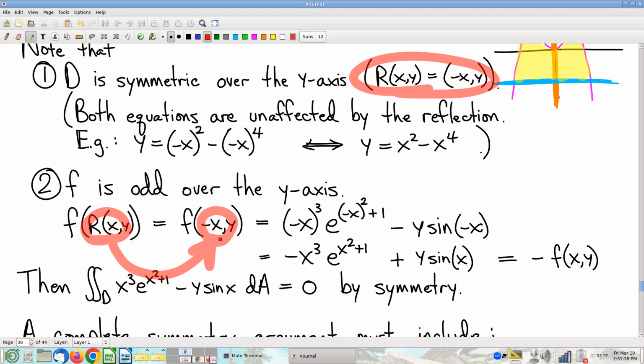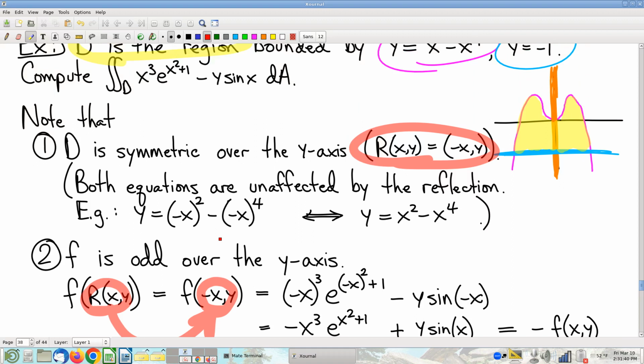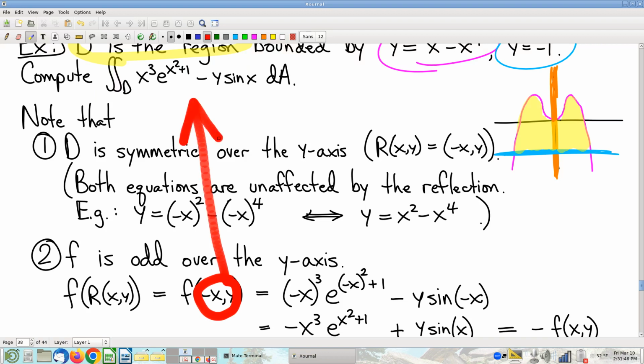And the next thing to be aware of, and this is just kind of an annoyance, but this is just the reality of it. When we're plugging this into the function, keep in mind there's our function, right? This f is this thing right here. When we're plugging in this reflection, that means that negative x, you see right here in what we're plugging into f, this negative x is what we're going to put in place of the x that we see up here. We've actually kind of confused our variables.